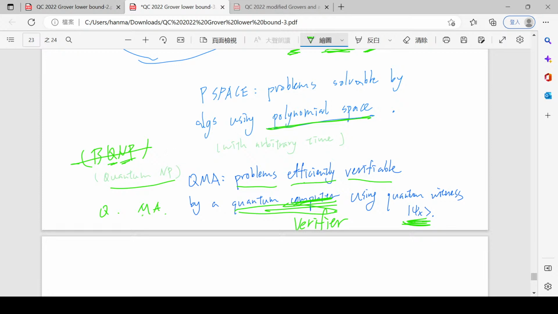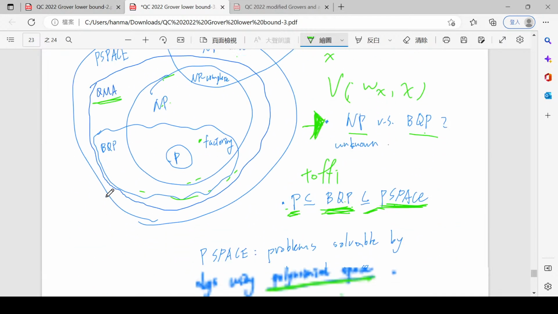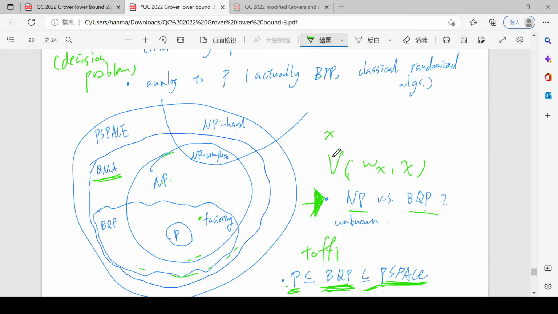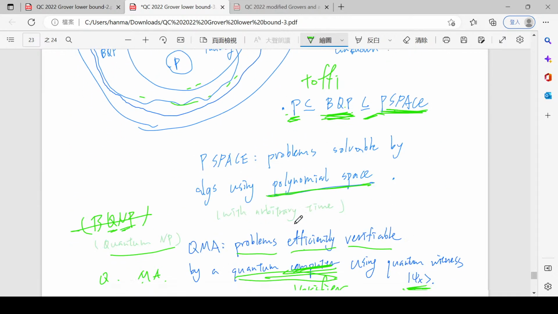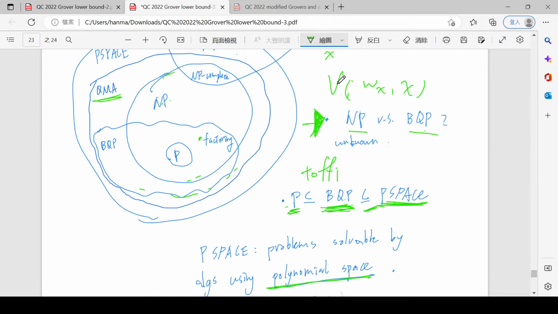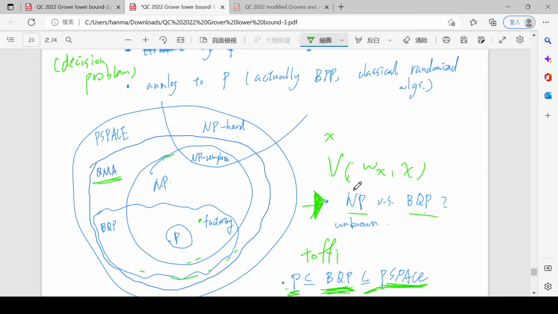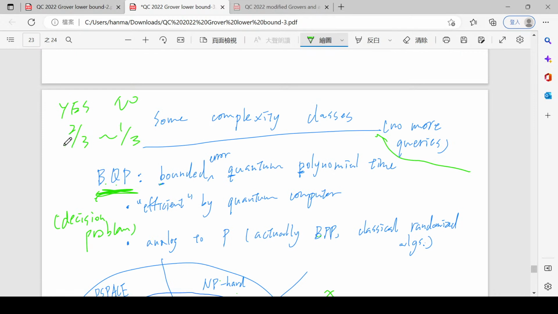Because there is some error when you are using a quantum computer. In an NP problem, there is no probability: you either get accepted or rejected. But for QMA, your verifier is a quantum computer, so there is a probabilistic thing.